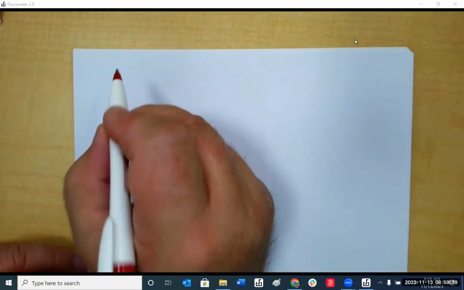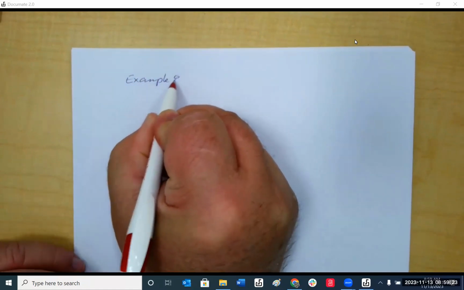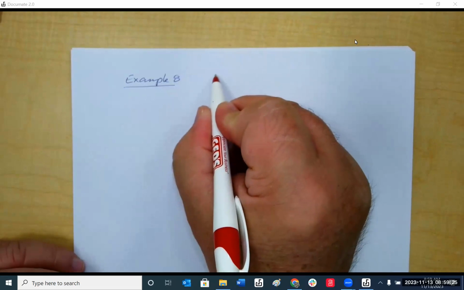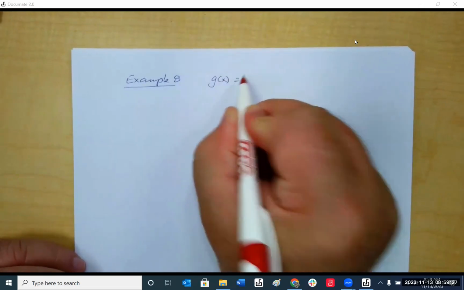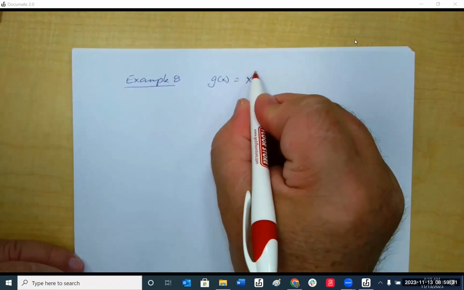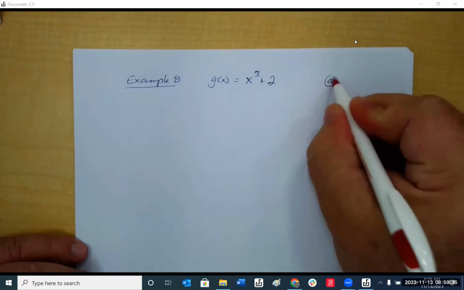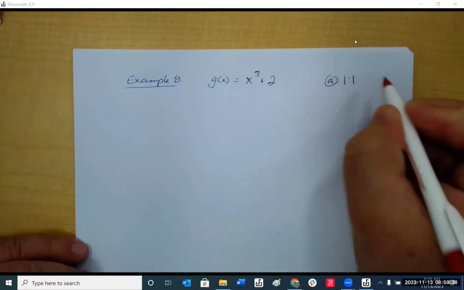All right. Let's look at example 8. Consider the graph f of x equals x cubed plus 2. Is it 1-to-1?